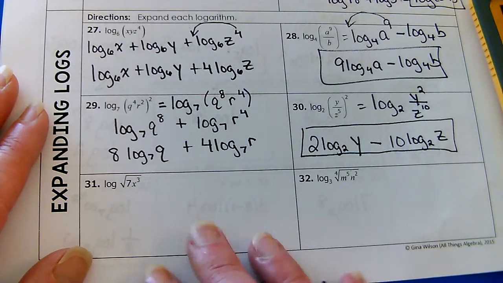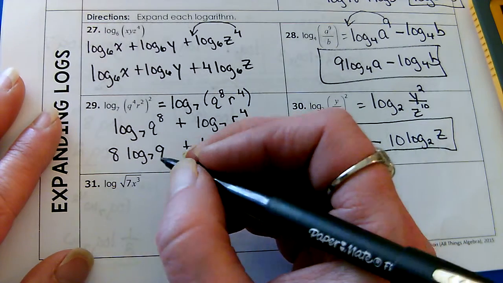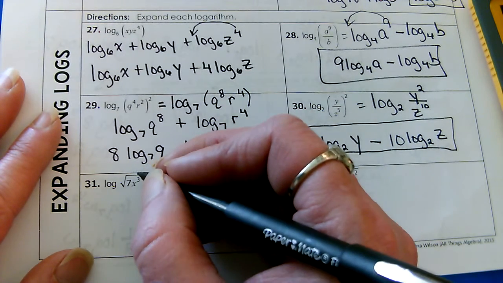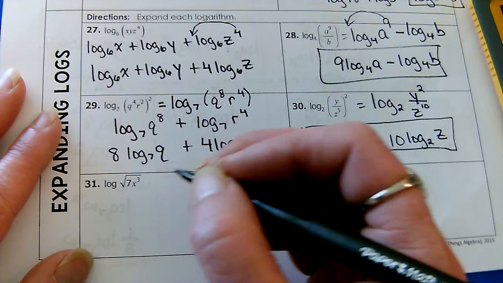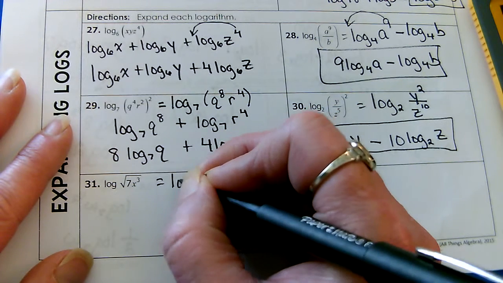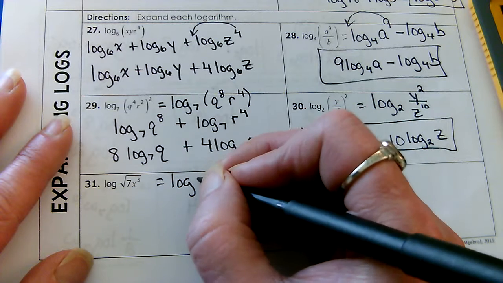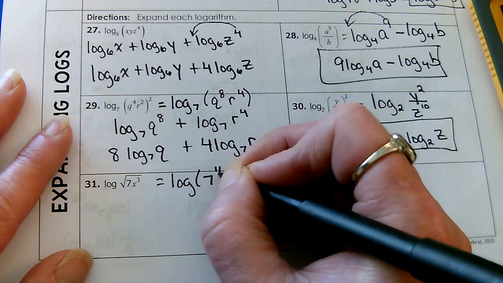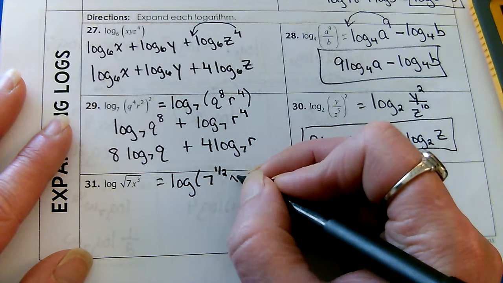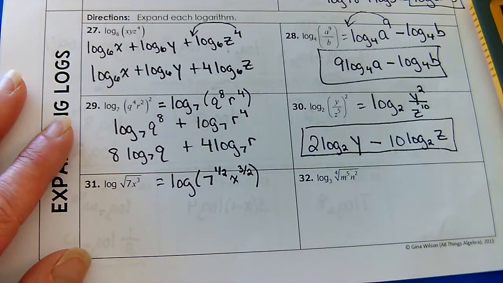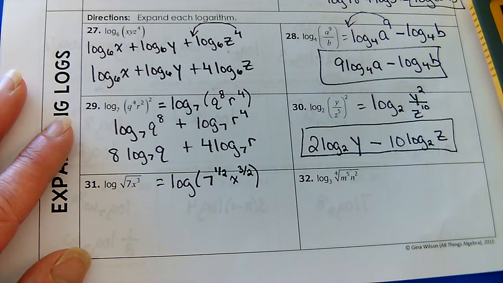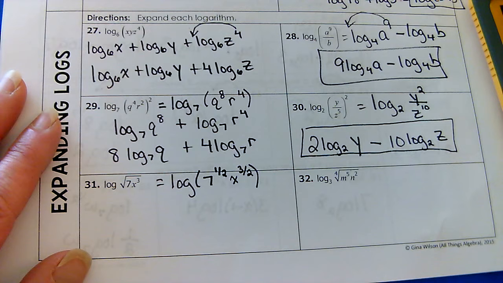Last two are a little bit harder. This is really to the 1/2 power, right? So let's rewrite this as log of 7 to the 1/2 and then x to the 3/2, because the square root of x cubed would be to the 3/2.